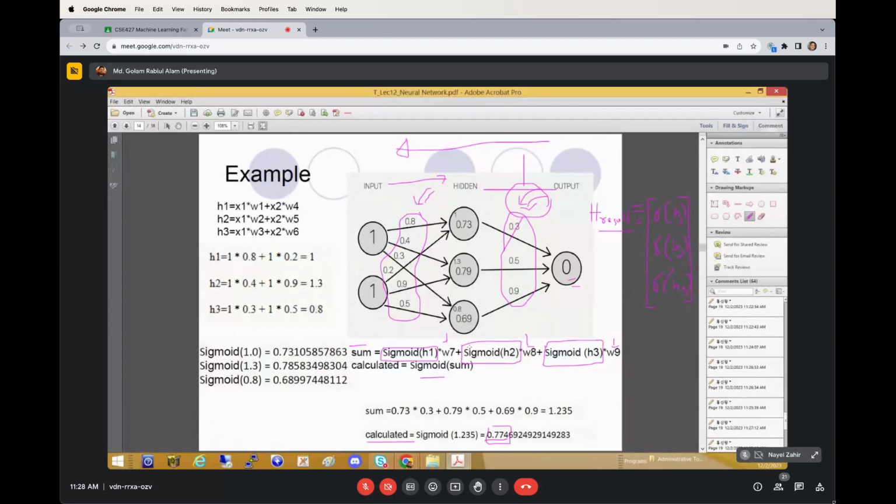And then these are the weights, W7, W8, and W9.